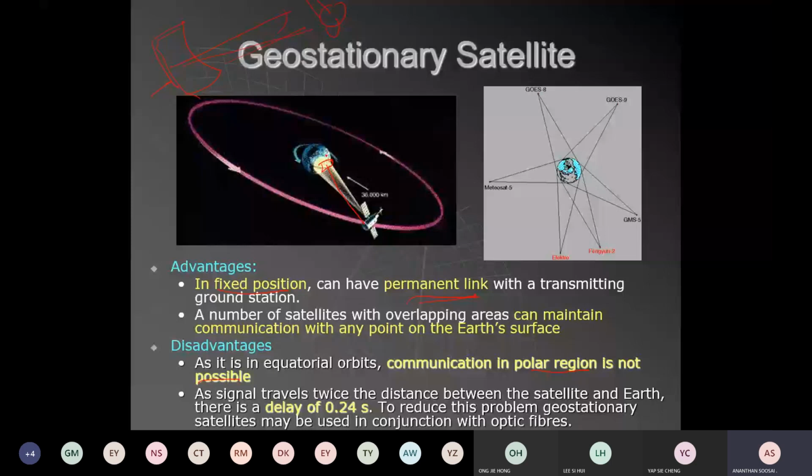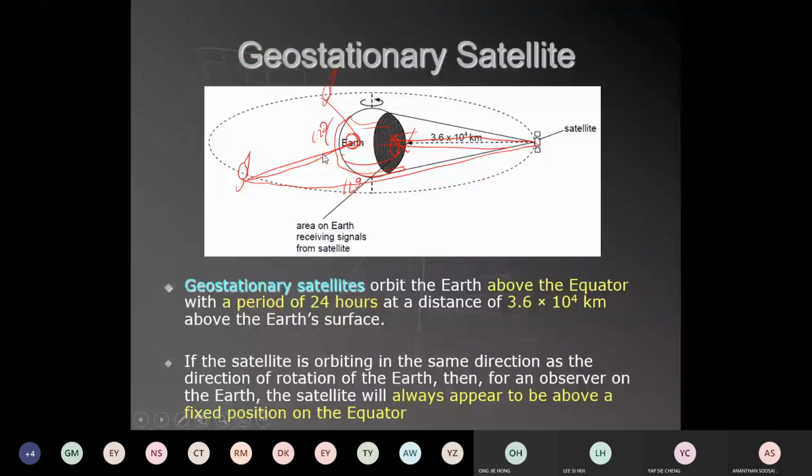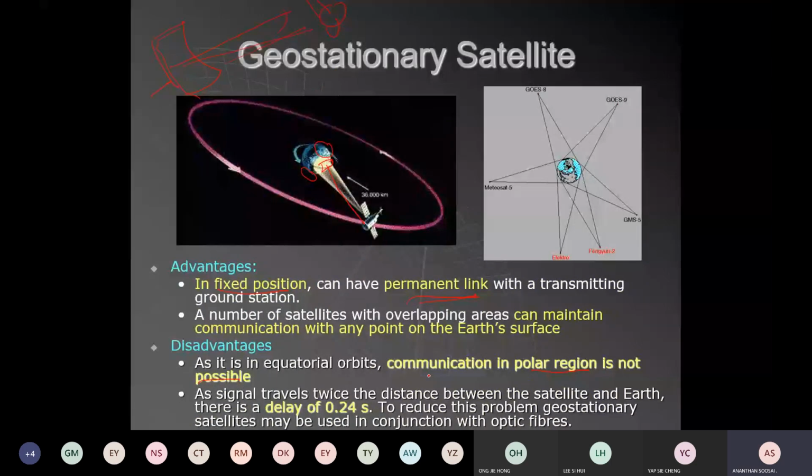But the Arctic and Antarctic are not connected because the signal only hits the side. This picture is better. You see, it only hits the side. It can't reach the Arctic, the North Pole, and also the South Pole. So that is one disadvantage of geostationary: communication in polar regions is not possible.